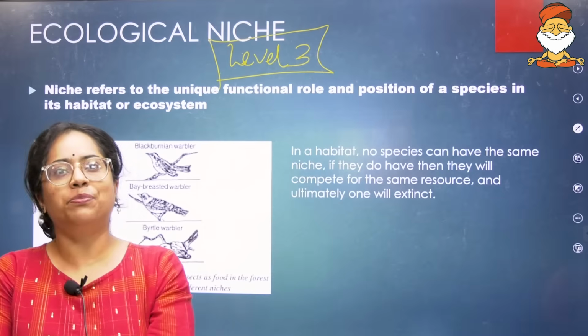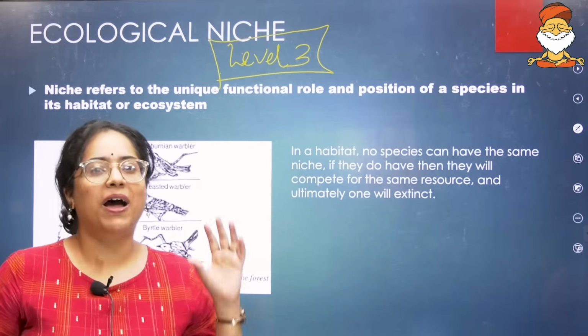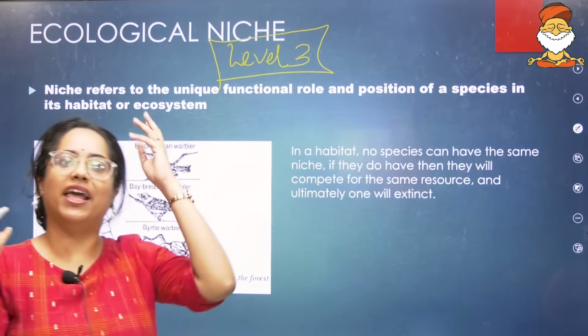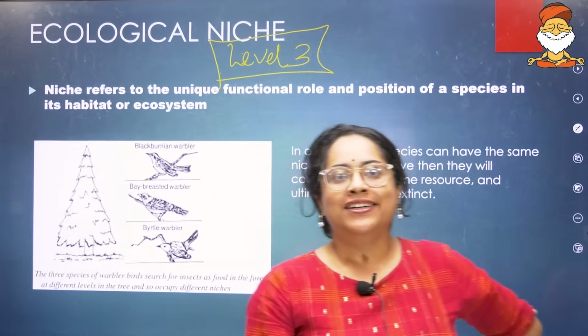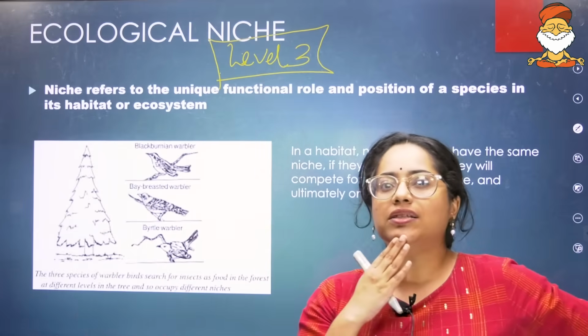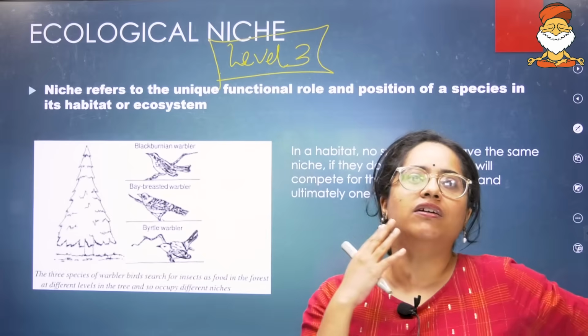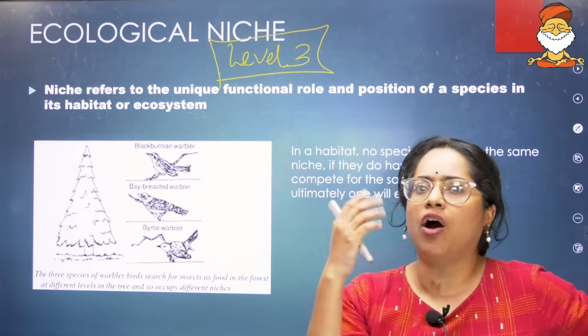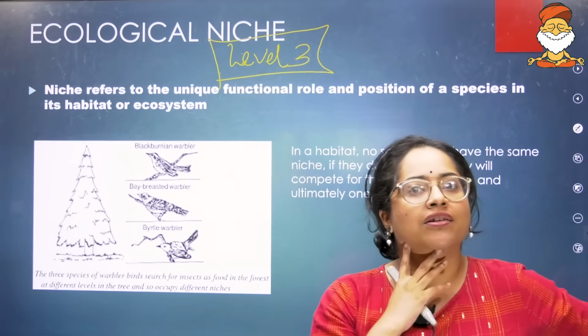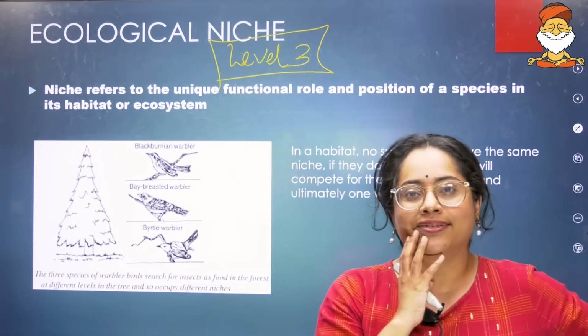Then comes the next point. Does each of them have a very specific job? Or is the job shared by all of them together? If you take a group of organisms, can similar species all share one particular niche itself? Niche means work.